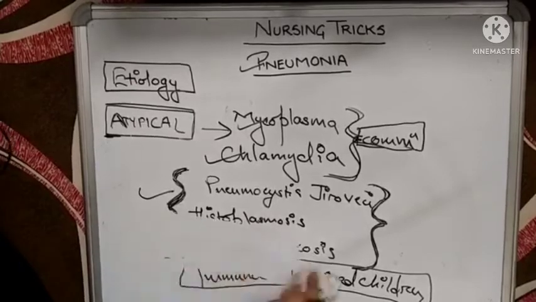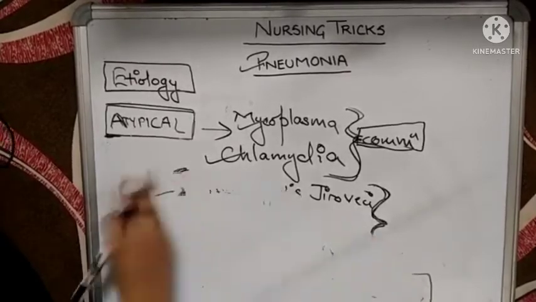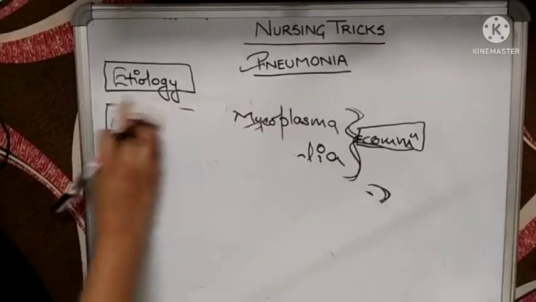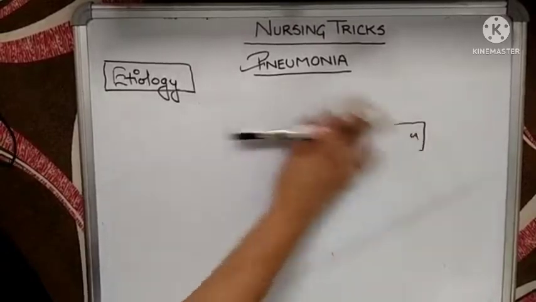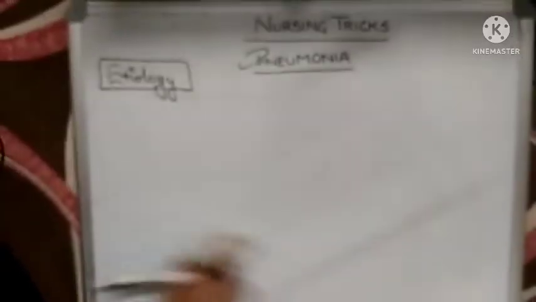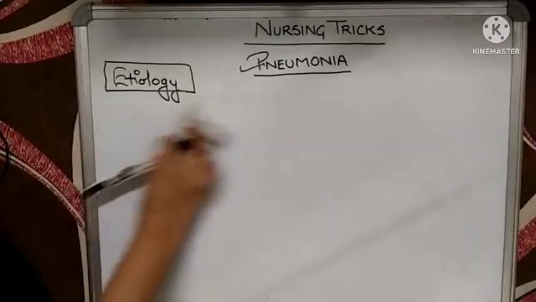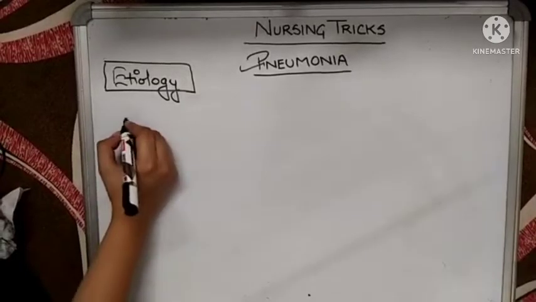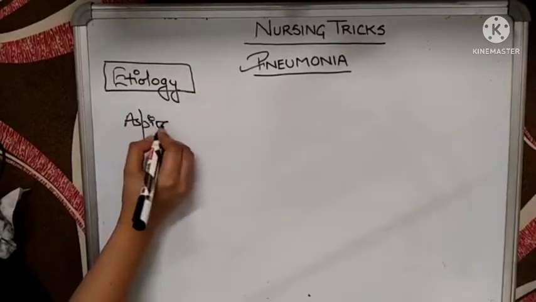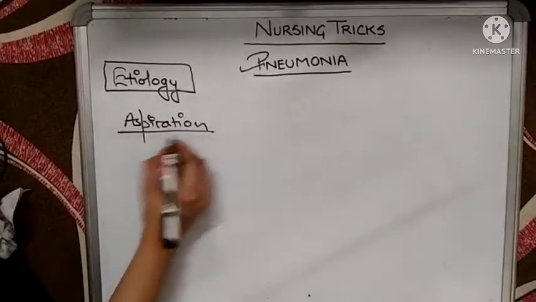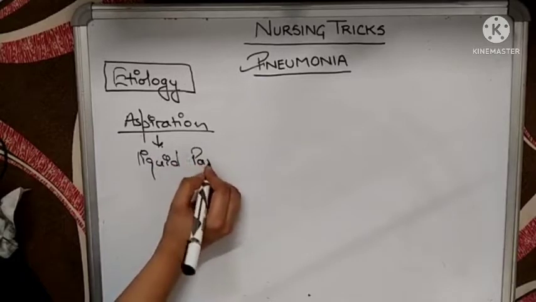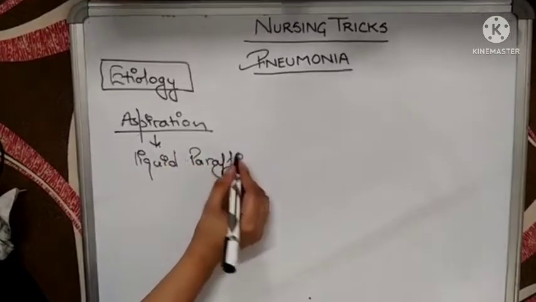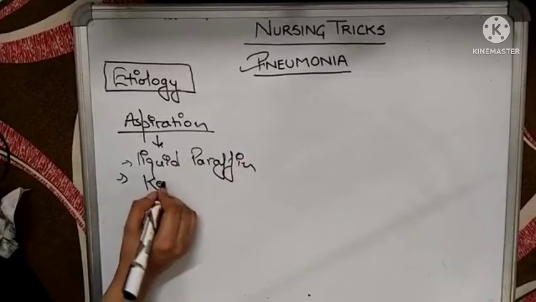Okay, now let us move on to the next etiological type, which is aspiration pneumonia. The word itself is telling: it is caused by the aspiration of liquid paraffin, kerosene, or poisoning also. If this particular substance goes into your lungs, it can lead to pneumonia.